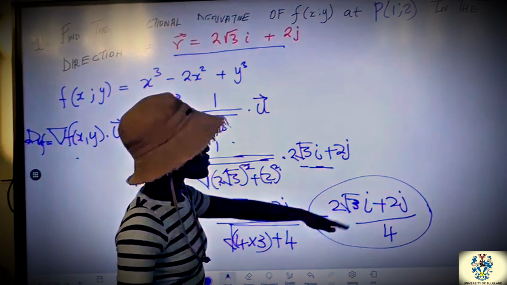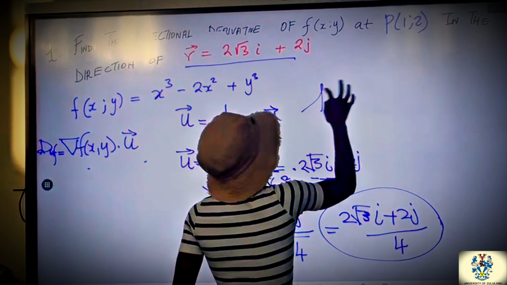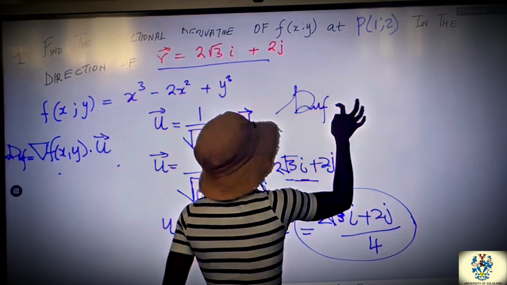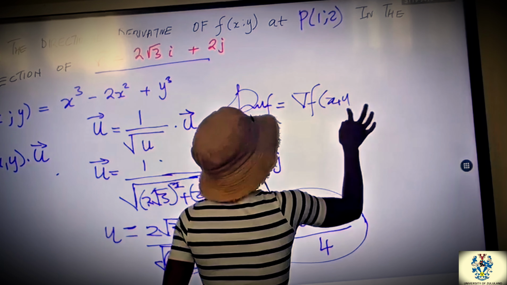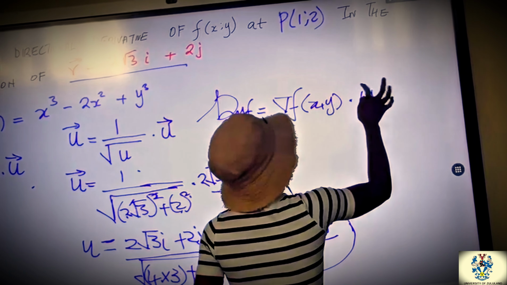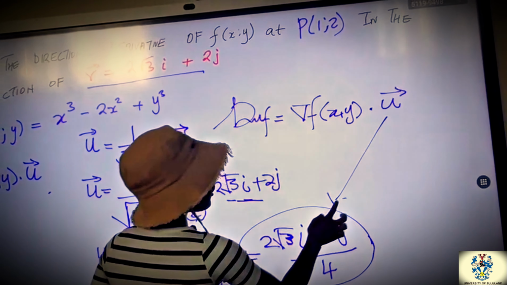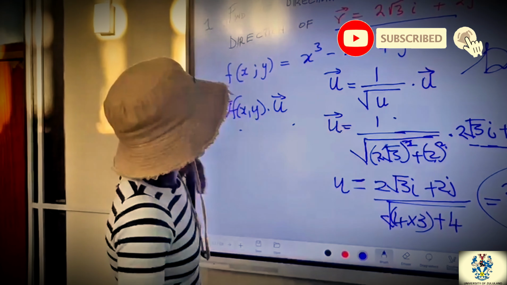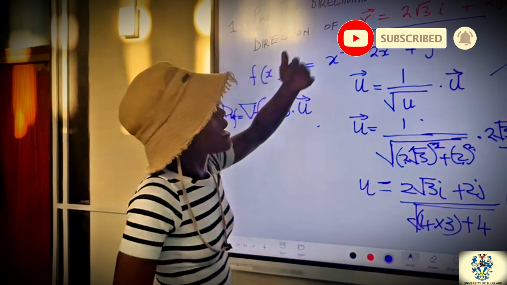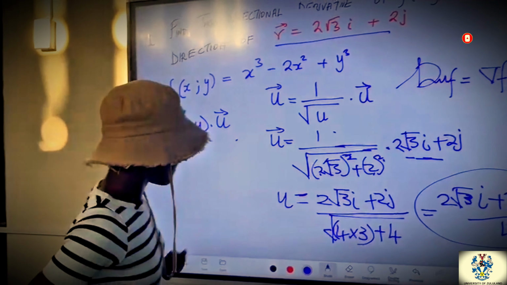What do we do with the unit vector? For the directional derivative, we take the gradient of the whole function multiplied by the unit vector. We already have one thing to solve our problem, so let us move forward and find the gradient of the function.